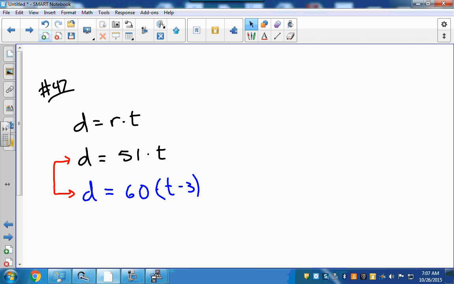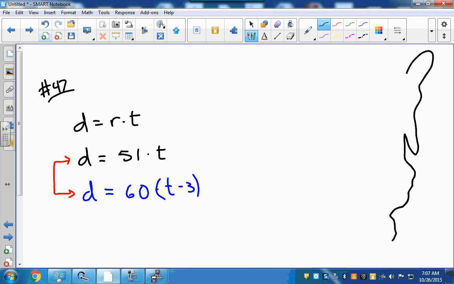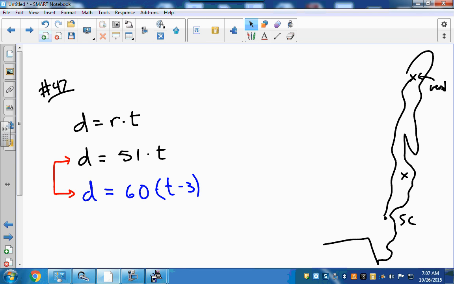And I don't know if you know much geography, but there's the east coast of the United States. Here's Norfolk. Here's Vermont up here. And here's South Carolina down here. And so that's a good long ways, about 1,000 miles. Let's see if this problem makes sense.